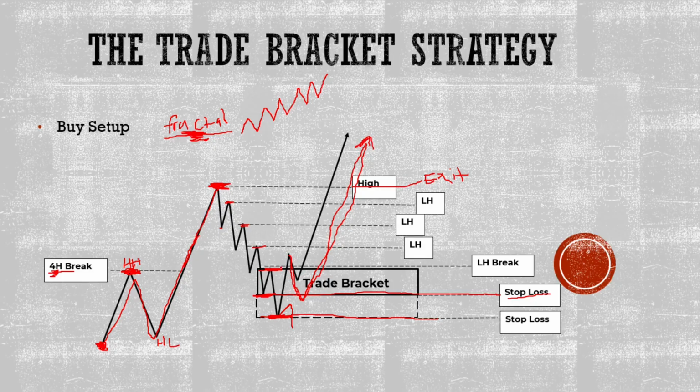Now, if you draw your trade bracket from the last lower high to be broken to the last point price reached, you will have a lower risk to reward ratio. What that means is you will make less money. But the chances of price coming to take you out and continue in your direction will also be lower.